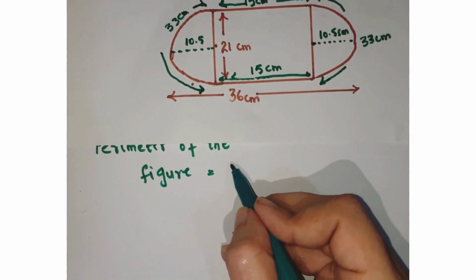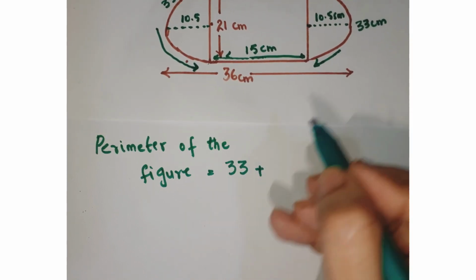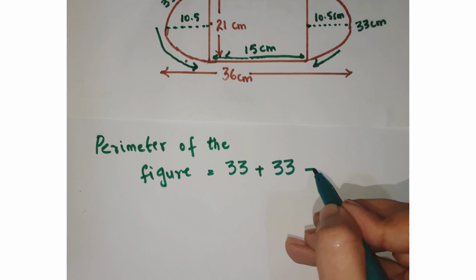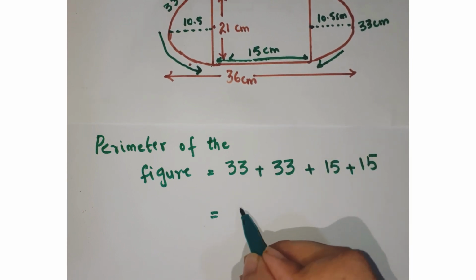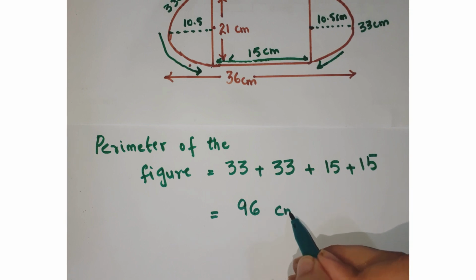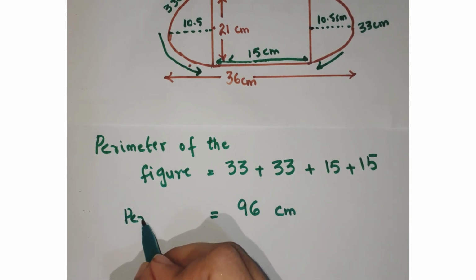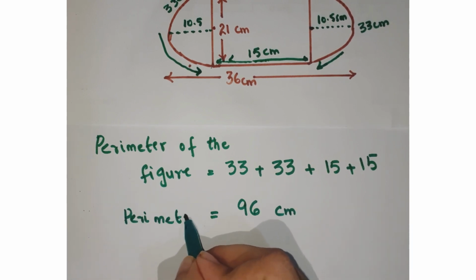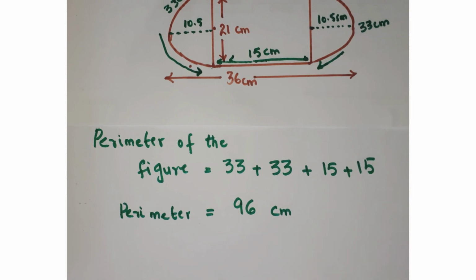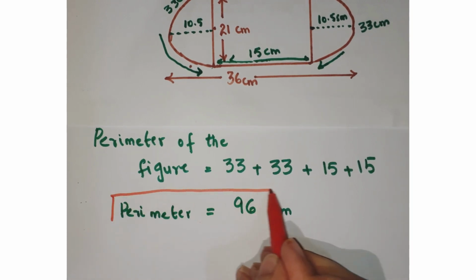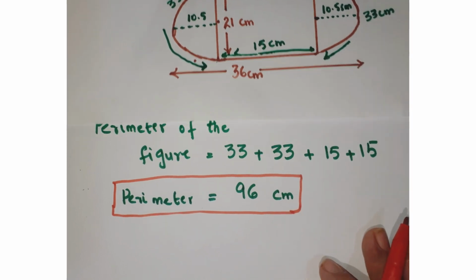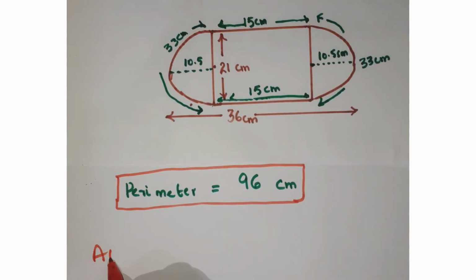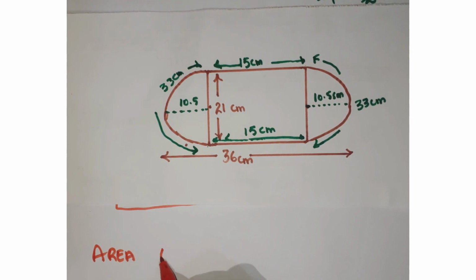So you can write 33 plus 33 plus 15 plus 15, and when you add up you get 96 centimeter. So perimeter is equals to 96 centimeter. So one thing we have achieved. Now we'll find the area of the figure.